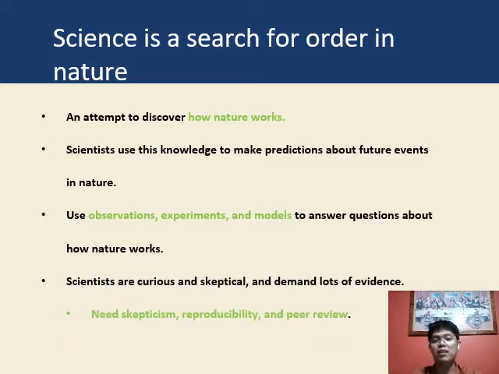And scientists are very curious and skeptical human beings. They demand a lot of evidence. So when you're in a research track, it demands a lot of skepticism, and it should be easily reproduced and peer reviewed by several colleagues.